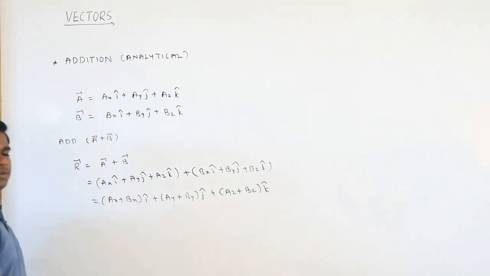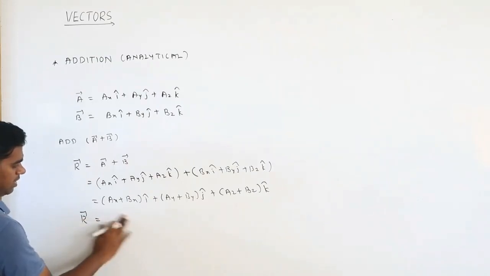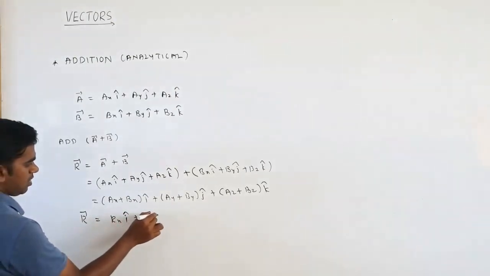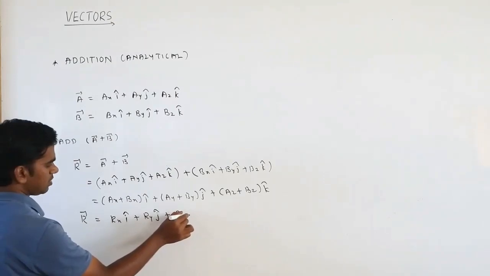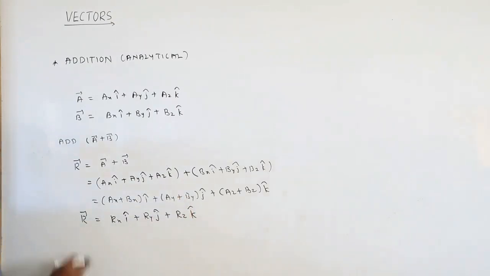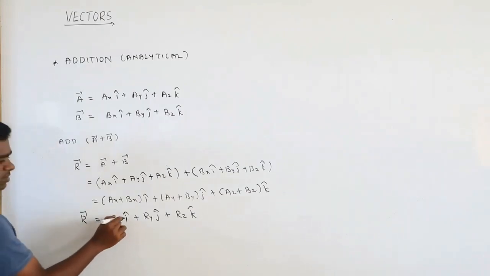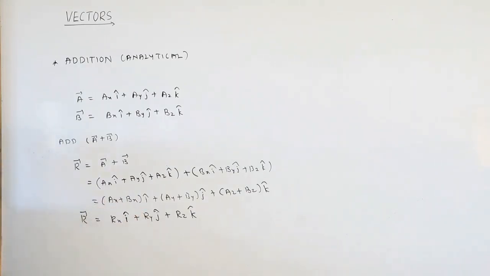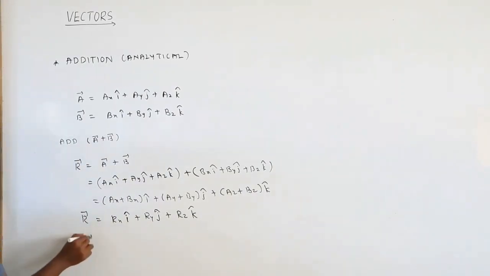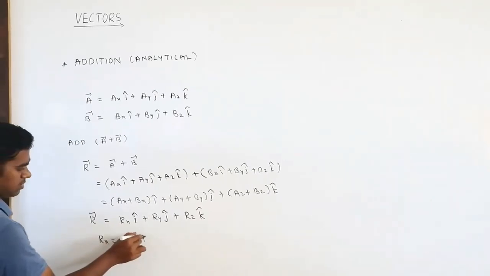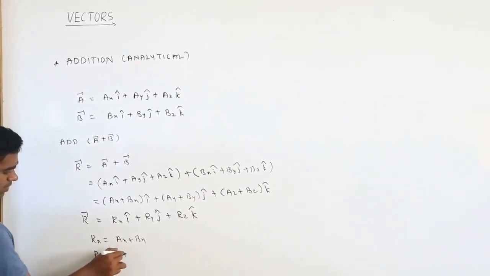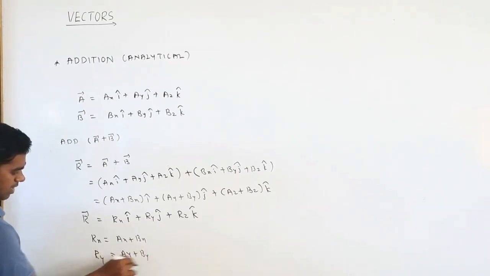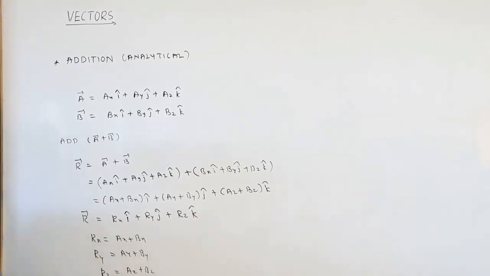If I write the resultant vector R equal to Rx i cap plus Ry j cap plus Rz k cap, then Rx is Ax plus Bx, Ry is Ay plus By, and Rz is Az plus Bz. This is the procedure you have to follow.